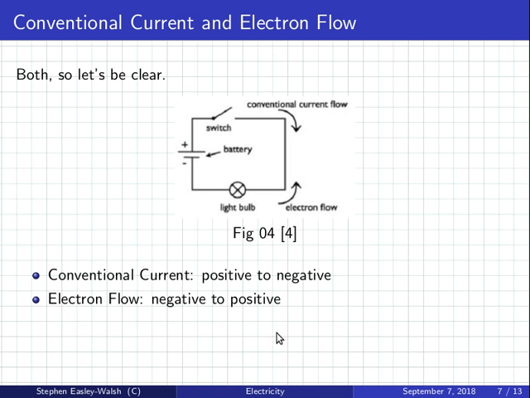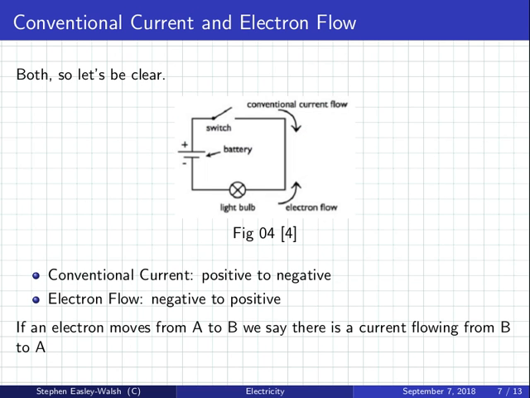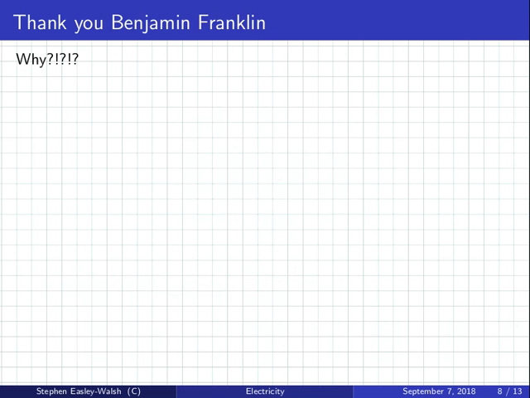Just to be clear on this point: if an electron moves from A to B, we say there's a current from B to A. Yes, B to A. Even though the electron moved from A to B, we say there's a current from B to A. The why we'll get to in a moment.